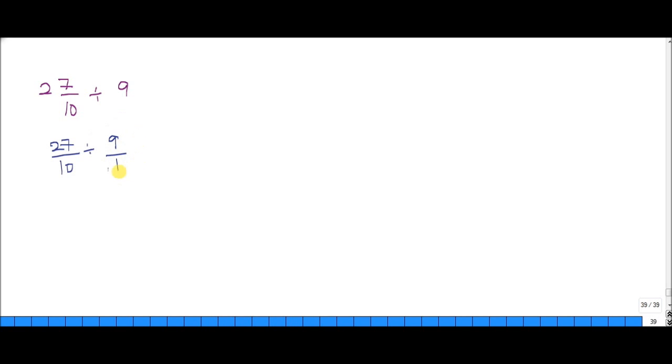Now we're going to find the reciprocal of the 9 over 1. So it would be 27 over 10 multiplied by 1 over 9. Let's go now. 9 into itself one time and 9 into 27 goes 3 times. We say 3 times 1 would be 3 over 10 times 1, 10. Our answer would be 3/10.